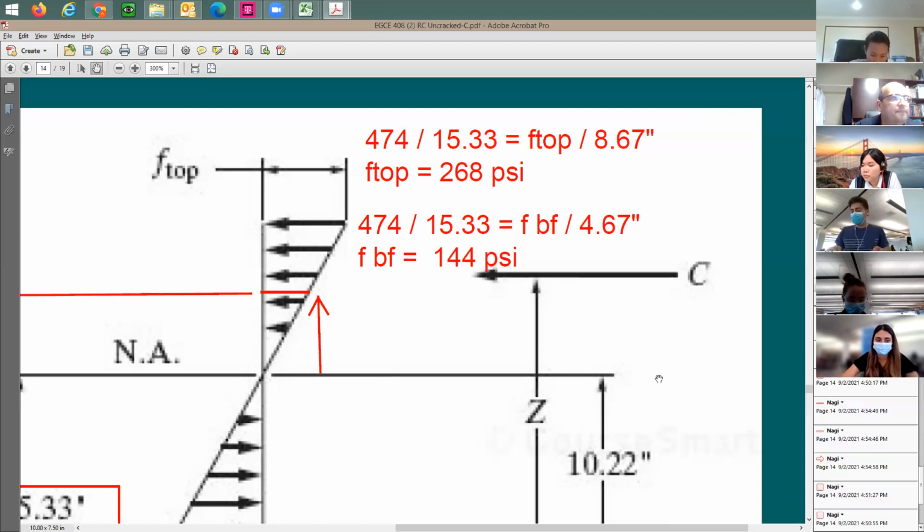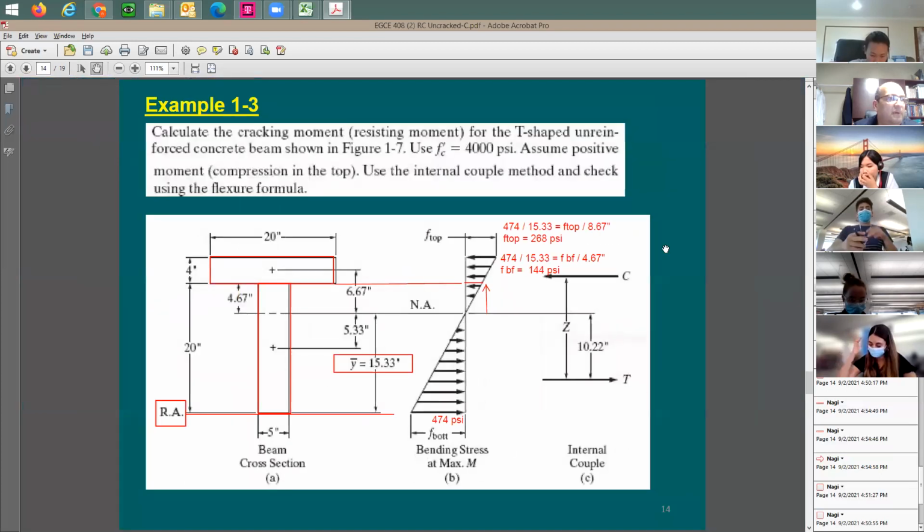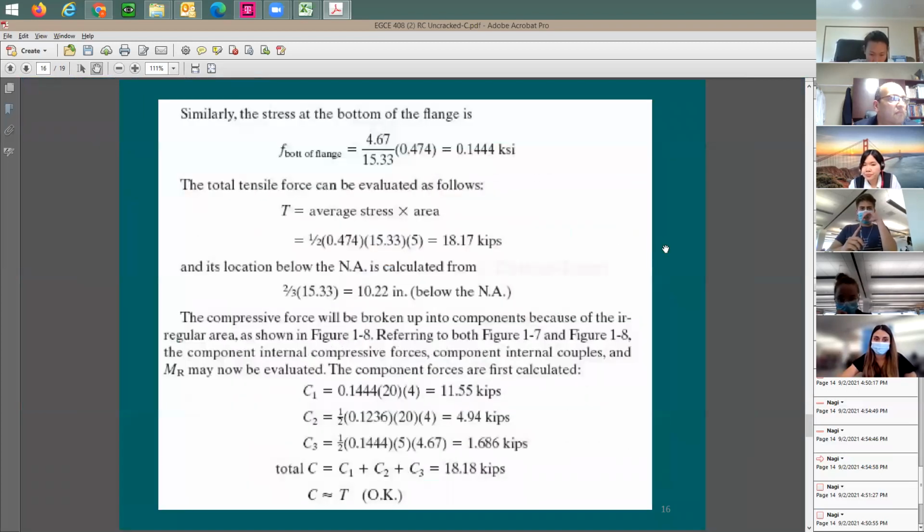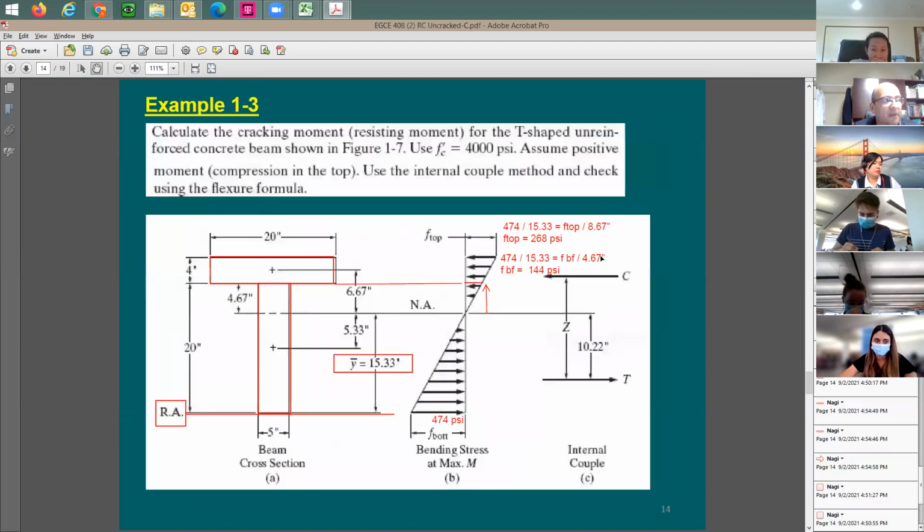Okay. Let's see what value we have here on the slide. Yeah, it's going to be 144. Here it is, exactly the same equation we have used. Let's give 144 psi. Okay. That was easy. I was able to find the stress here.